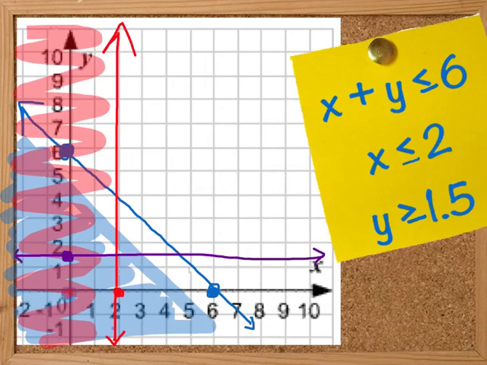And it says y is greater than that. So when we take 0, 0, and we try this here, is 0 greater than 1.5? No, it's not. So I'll shade on the other side of that line. And when I shade there, it'll be all up here.